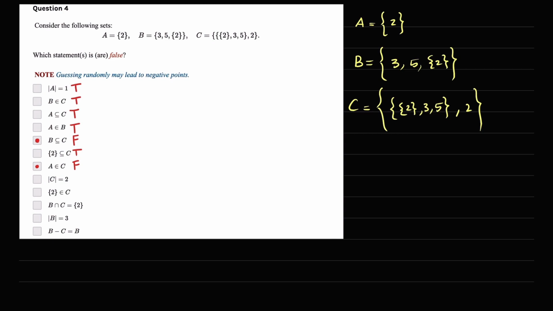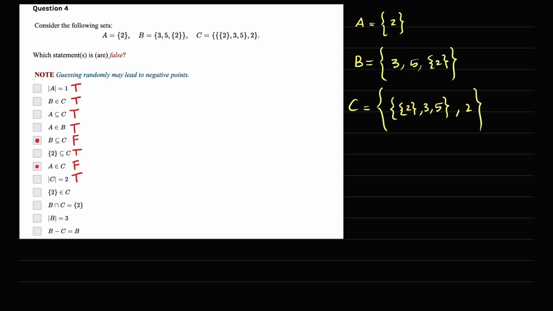The next one claims the cardinality of C is 2, which is true, because as I told you, this is one element of C and this is another one. So in C there are two elements, so the cardinality is 2, so that is true, we don't choose it.